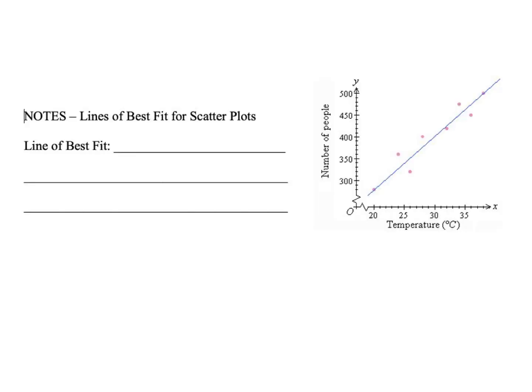All right, so let's go ahead and define line of best fit. A line of best fit is a line drawn on a scatter plot that is close to most of the data points.